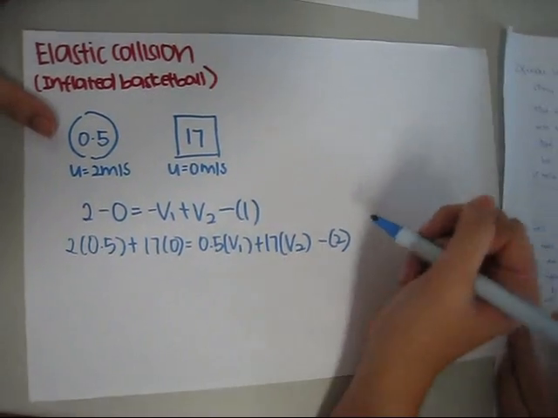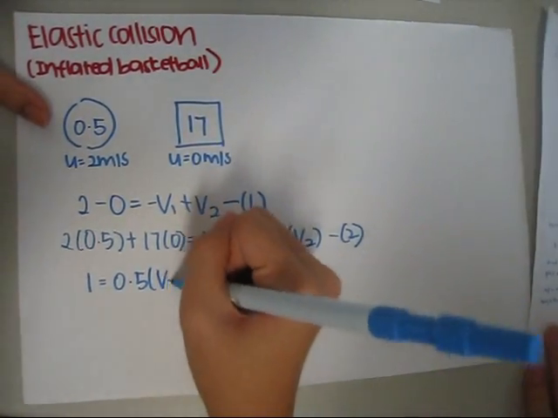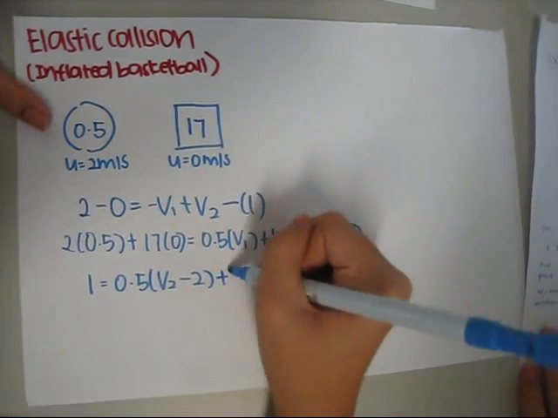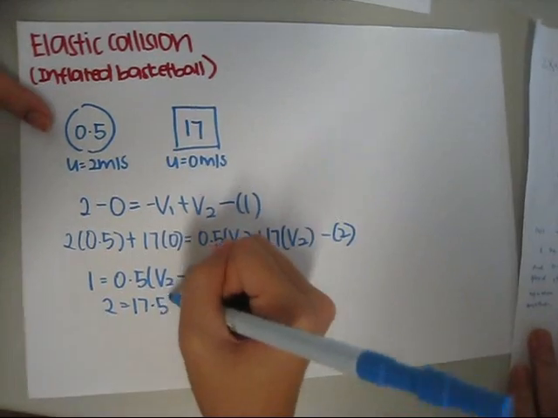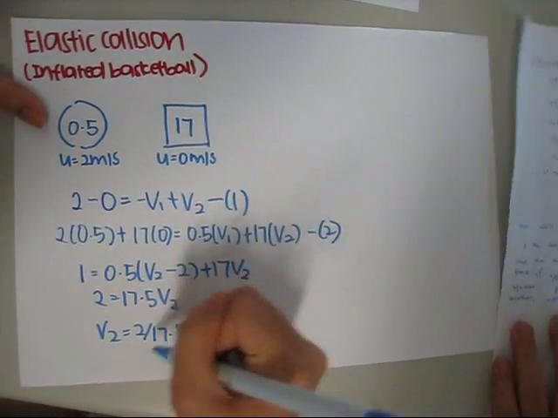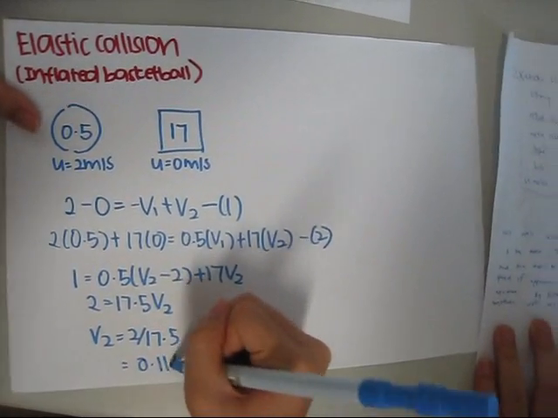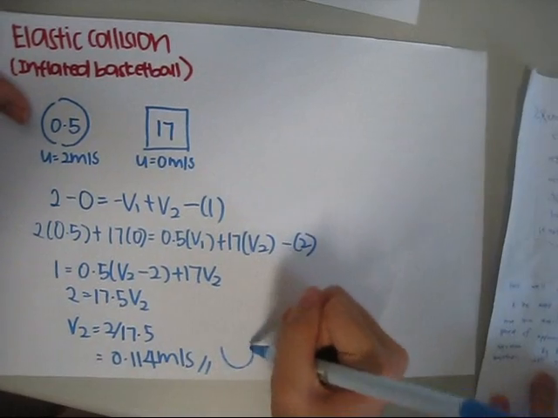Sub the two equations together, we'll get the final velocity of the door, which is 0.114 meters per second.